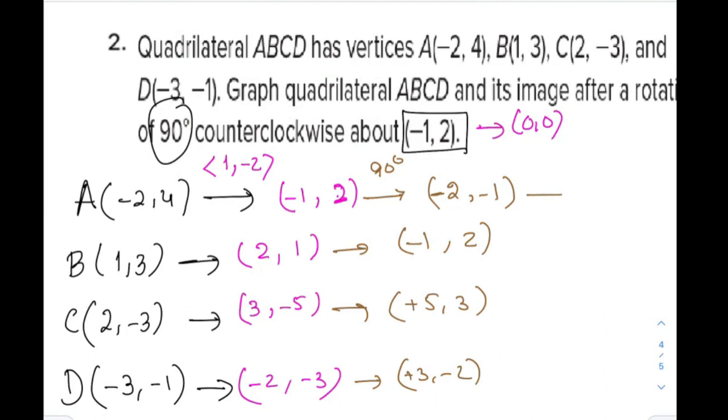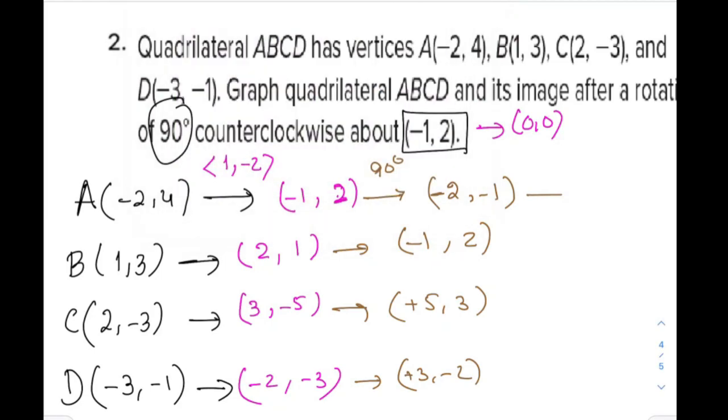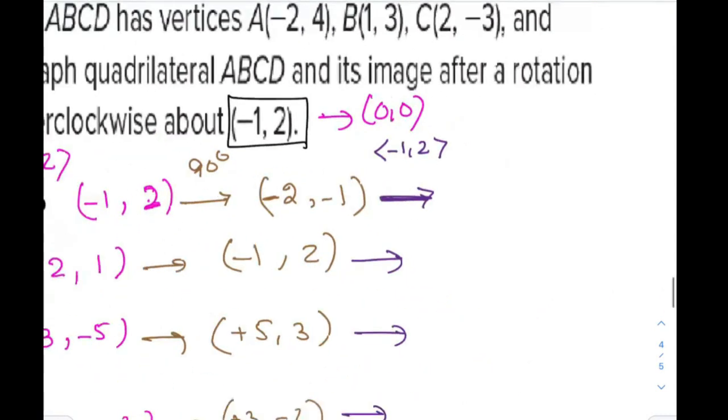Lastly, or finally, you will take what you have given. I changed the colors so that you realize that it is the last step. Last step, instead of adding (1, -2), we will add the vector (-1, 2). So -2 plus -1, -3. -1 plus 2 is 1.